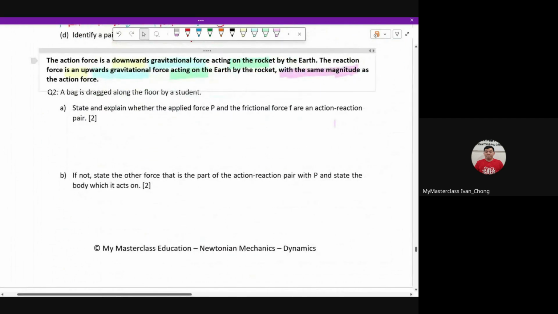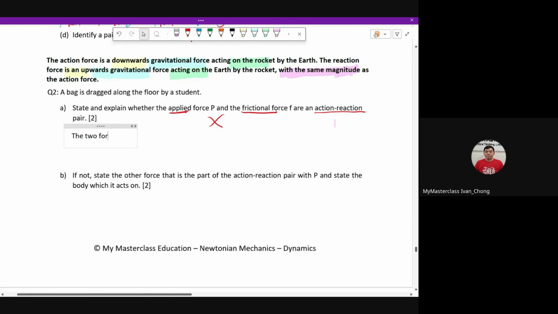Next one over here. A bag is dragged along the floor by a student. State and explain whether your applied force P and frictional force F are action-reaction pairs. First thing, action-reaction pair, remember your 4 conditions. Applied and friction, why? They are not, all right?